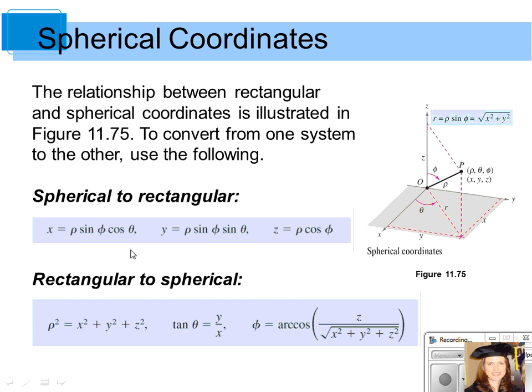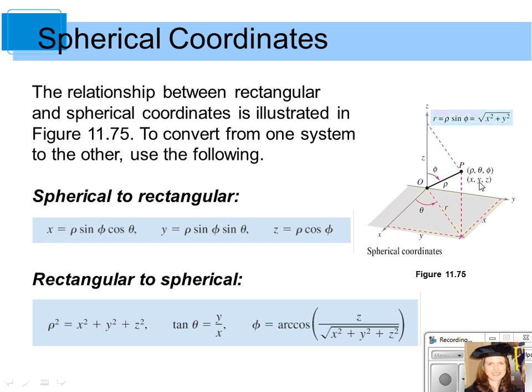The relationship between rectangular and spherical coordinates is illustrated in this figure. To convert from one system to the other, you can use these conversion equations. Now, theta is the same conversion equation as going from rectangular to cylindrical. The theta is the same as cylindrical. Now, rho is the distance from the origin.